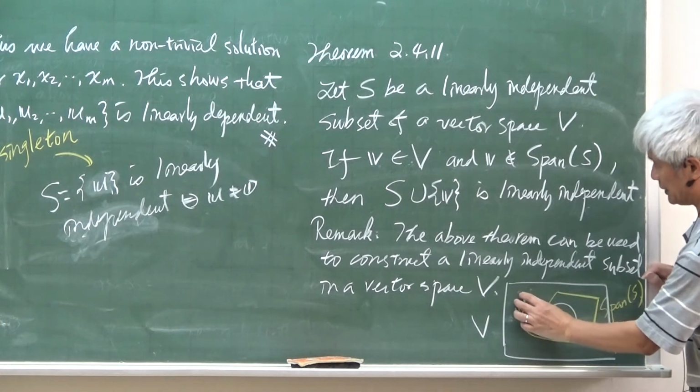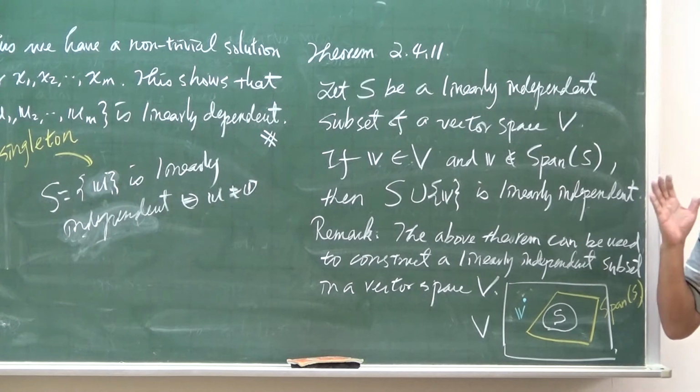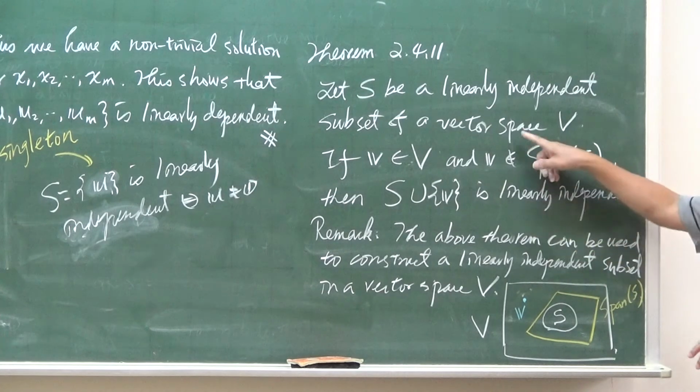Then I can join this v into S, and the new set is also linearly independent.